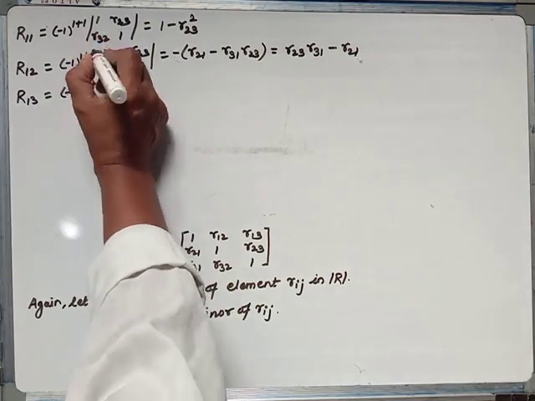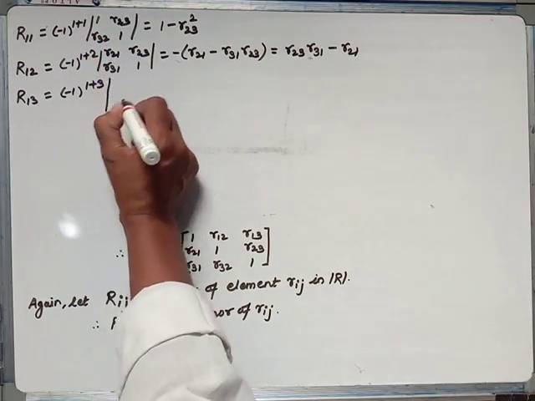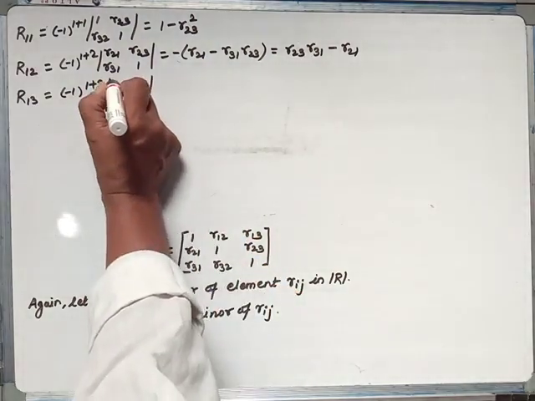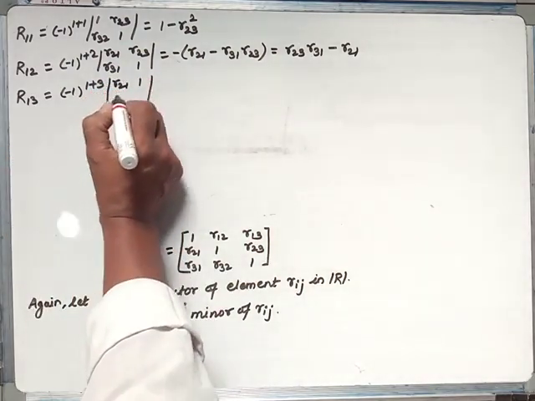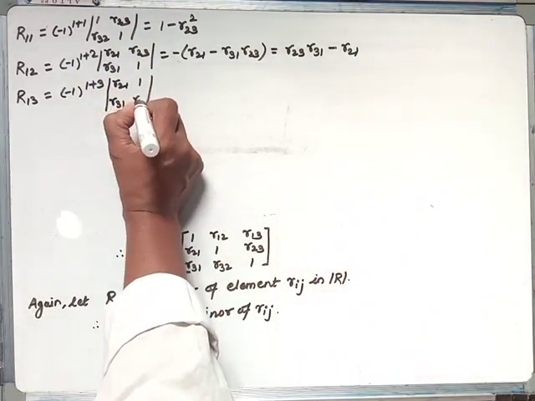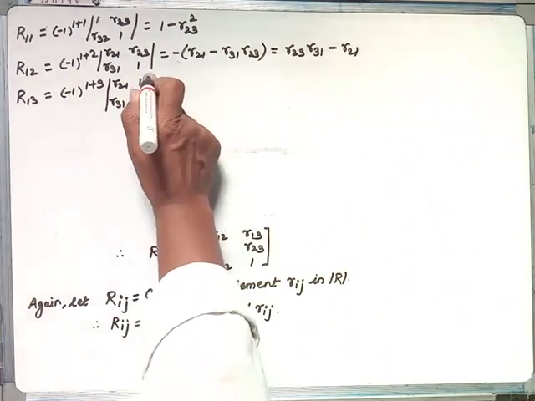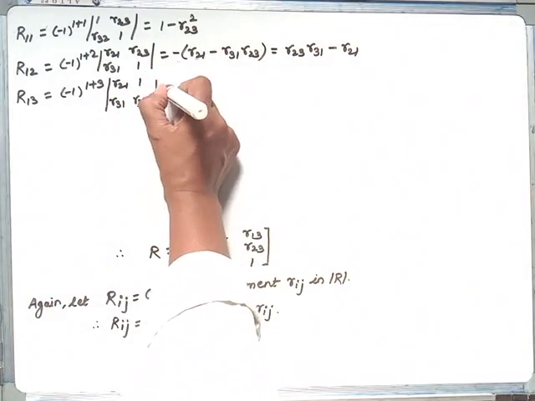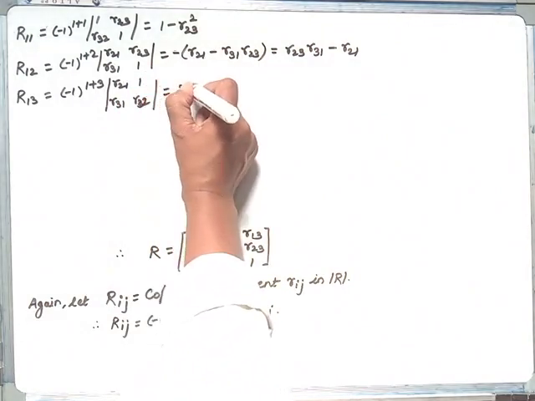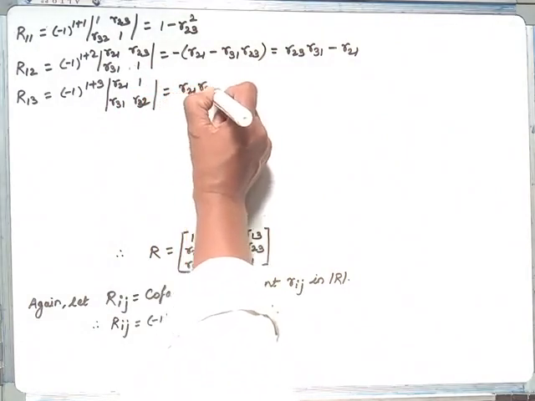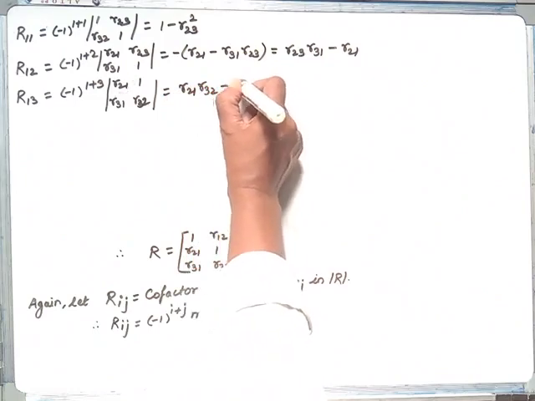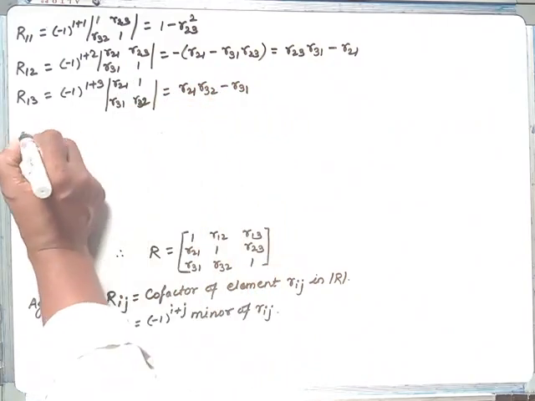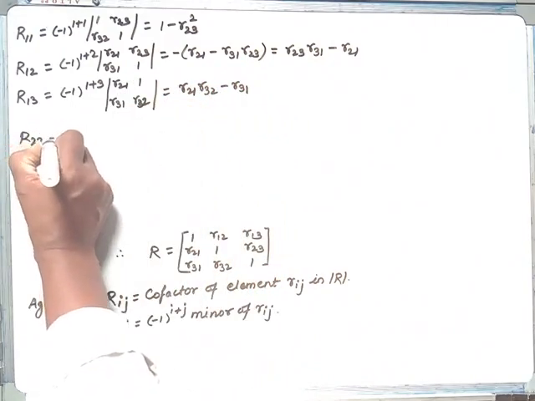Sorry, here 1 plus 2 was there for R12, right? For R13 it is 1 plus 3. The minor of R13 is R21, 1, R31 and R32. So it will be R21 R32 minus R31.